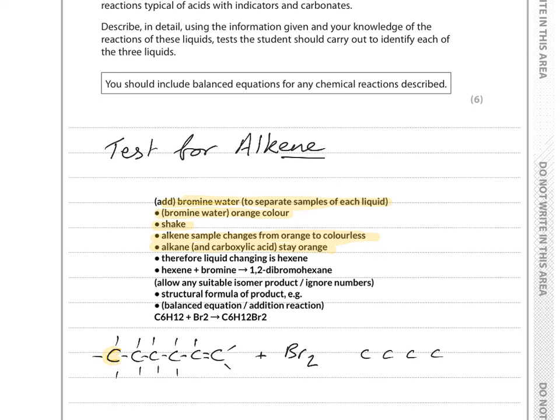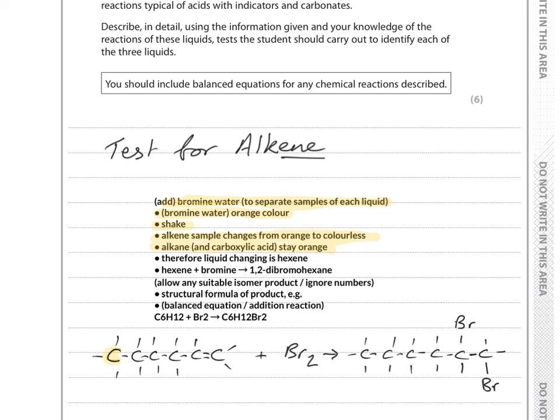1, 2, 3, 4, 5, 6. Now this is going to have 2 bromines on, and it's just going to have a single bond because it's now an alkane, and the rest of the hydrogens stay in the same place. So I've gone from an alkene to a dibromo alkane, and you could include any reaction to get the full 3 marks, I think, for this part.